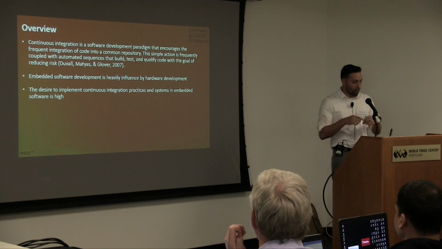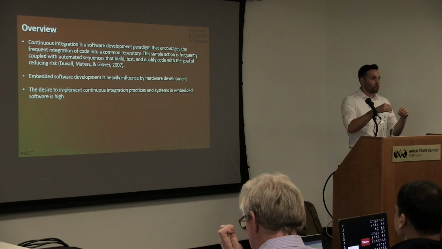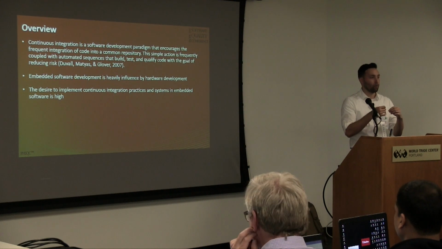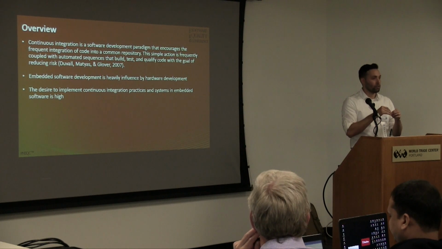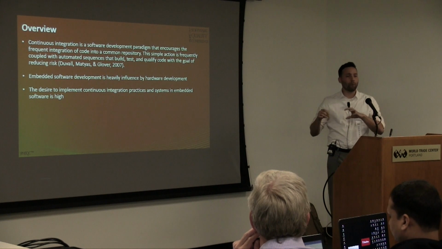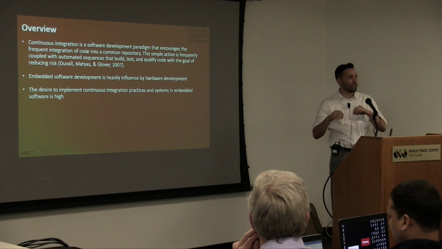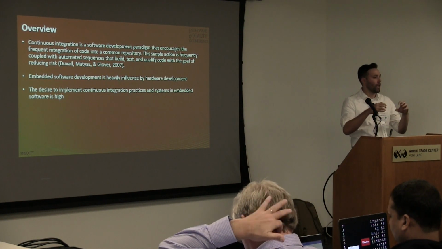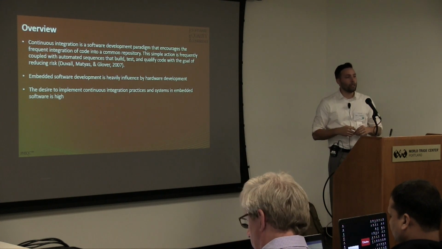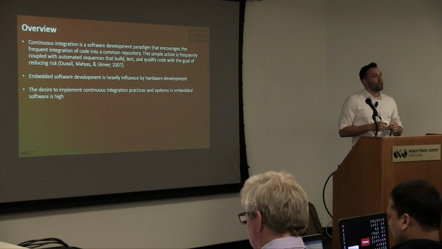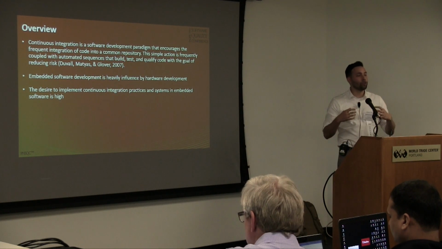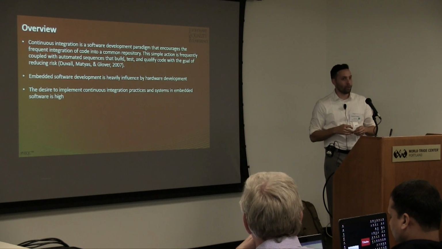However, embedded software development is extremely influenced by the hardware that we're developing. Hardware has its own development track. Some agile principles and things like extreme manufacturing have happened to try and bring manufacturing and hardware processes into the future, but it doesn't always work out that nicely, and it's not as agile as you can be with software.